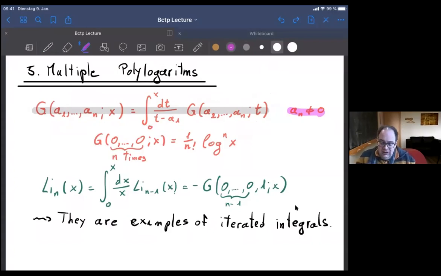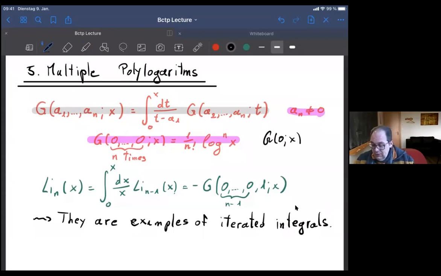By convention, let us define this simply as the log. So in other words, this would mean that g0 x is log x. This would be something like the integral from 0 to x dt over t, in quotation marks, because you see that this integral is divergent, because you cannot integrate dt over t down to 0, but the definition still makes sense if you accept this definition.